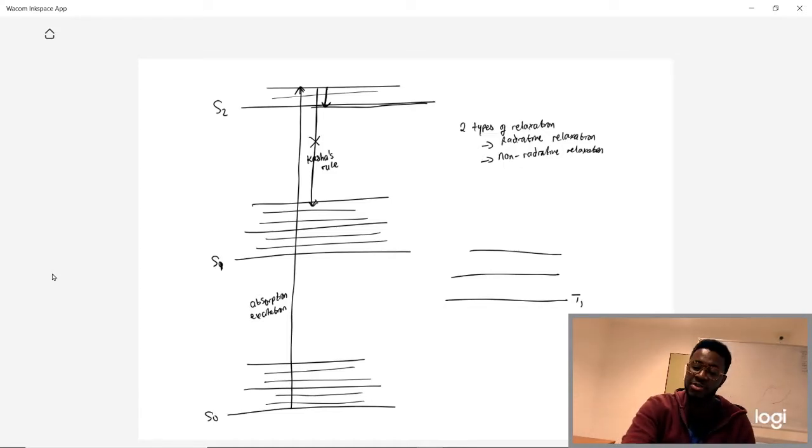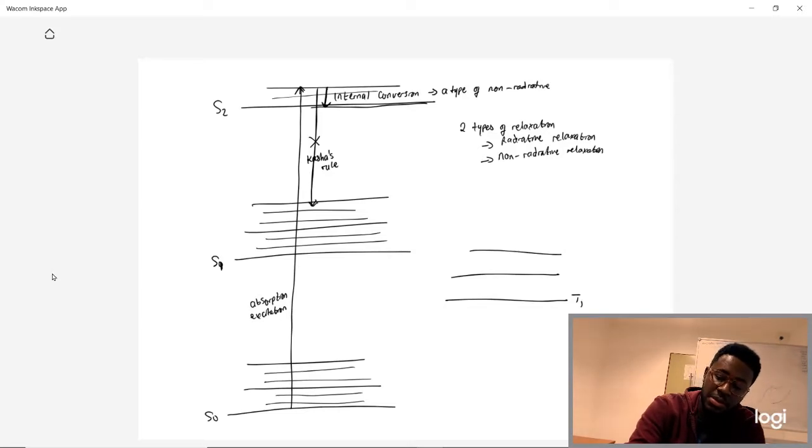But it's a special type of non-radiative relaxation called internal conversion. Internal conversion is non-radiative relaxation between the singlet states, basically.